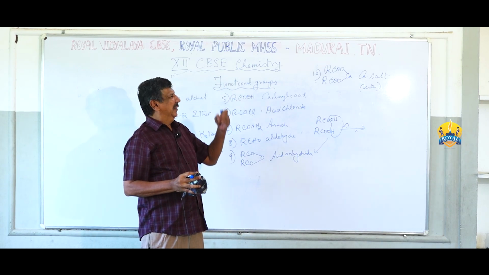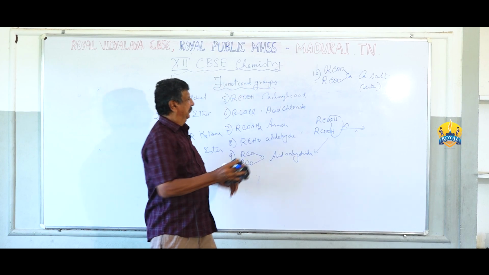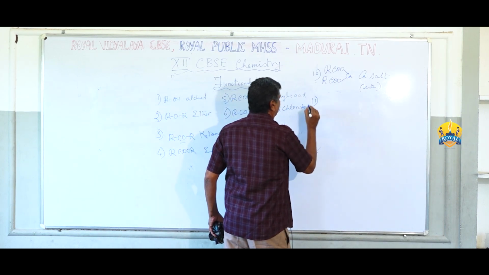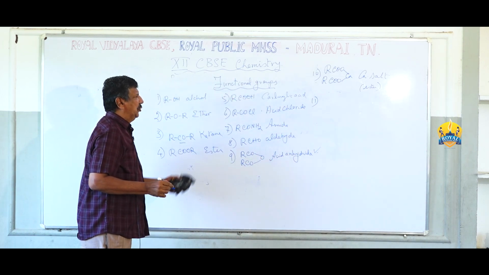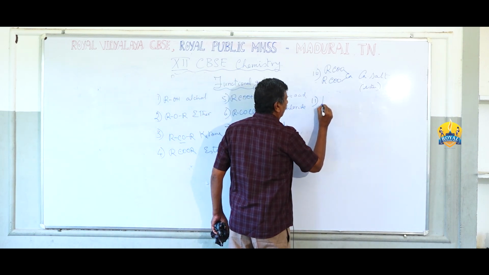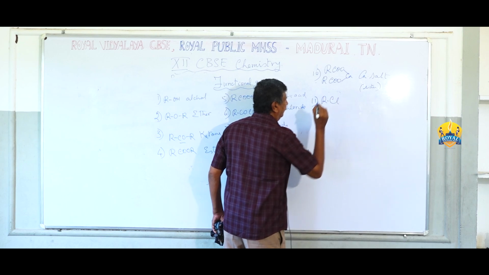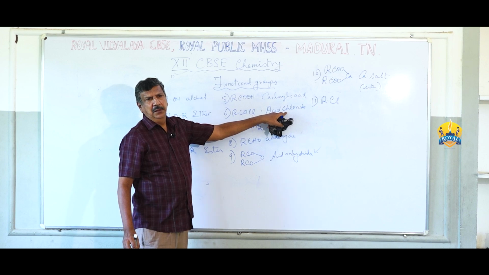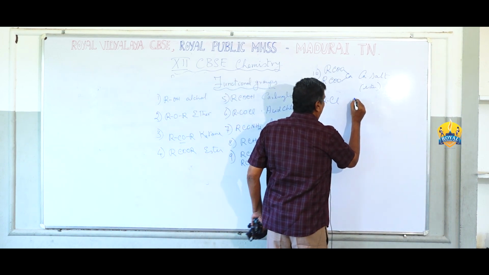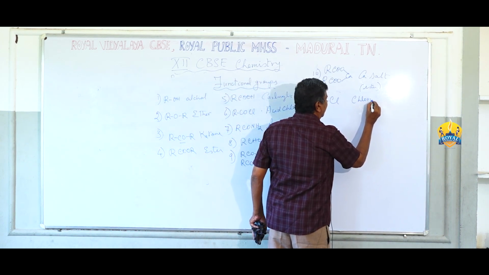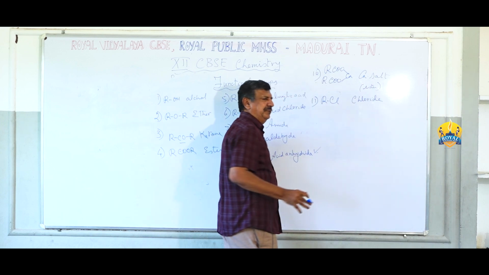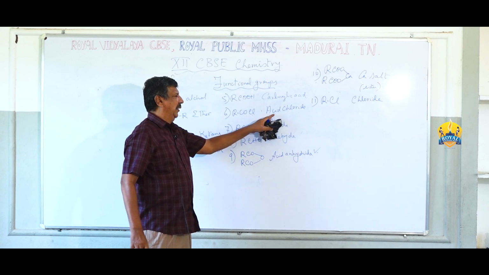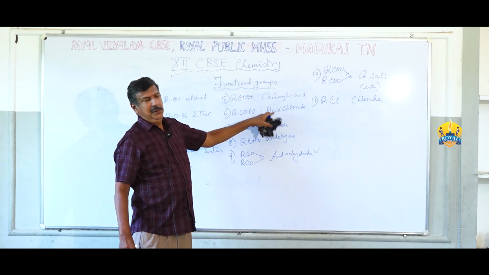So it is called calcium acetate ester. Okay. Next one, RCl. This is acid chloride. But when I write RCl, you should tell it as chloride. That's all. This is chloride. This is acid chloride. Don't confuse.